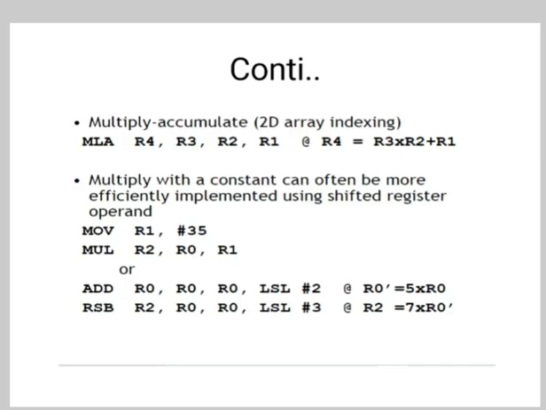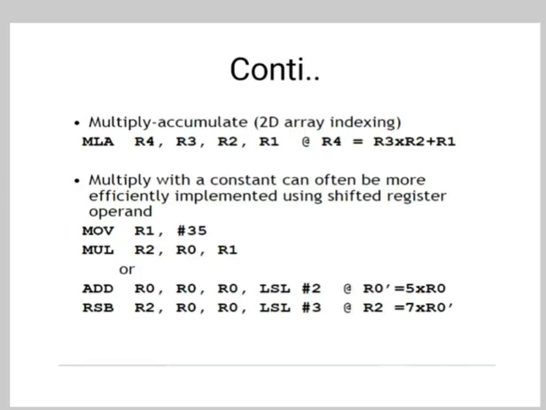Next is multiply accumulate for 2D array indexing. Multiply accumulate is MLA. So MLA R4, R3, R2, R1. R4 is the destination register, so R4 is equal to R3 into R2 plus R1. That is multiply accumulate.